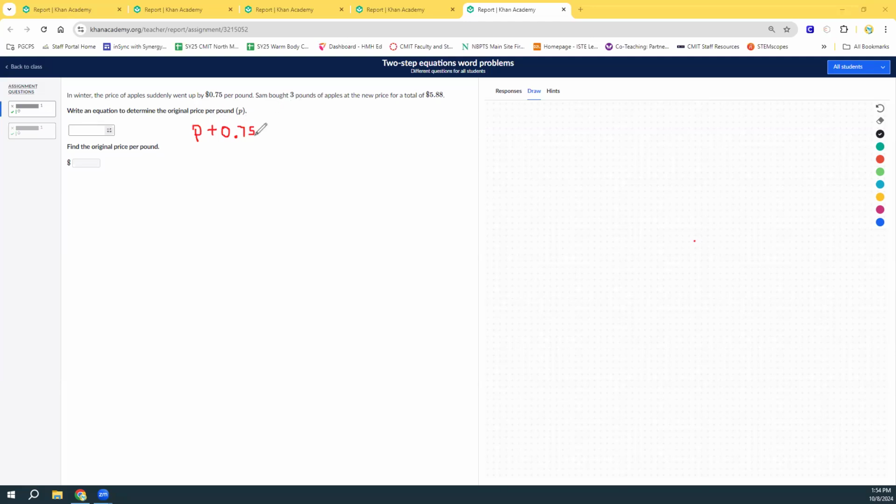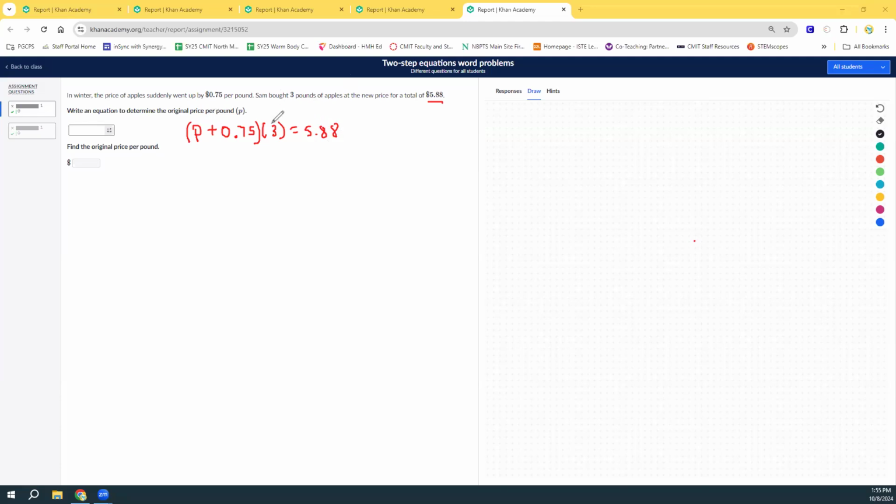Sam bought 3 pounds of apples. So whatever that price is, we're going to multiply it by 3. And at the new price. Determine the original price. A new total. Okay. $5.88. So this is what it cost.